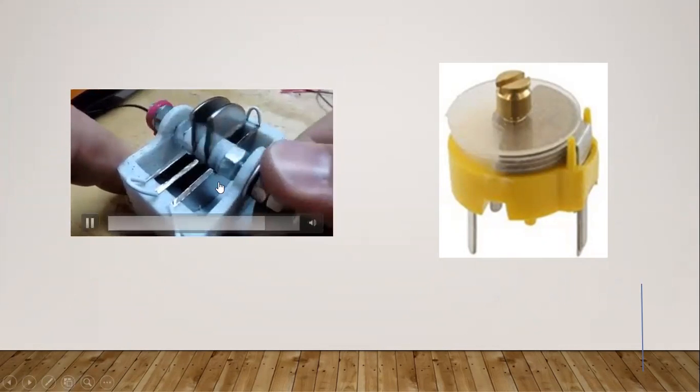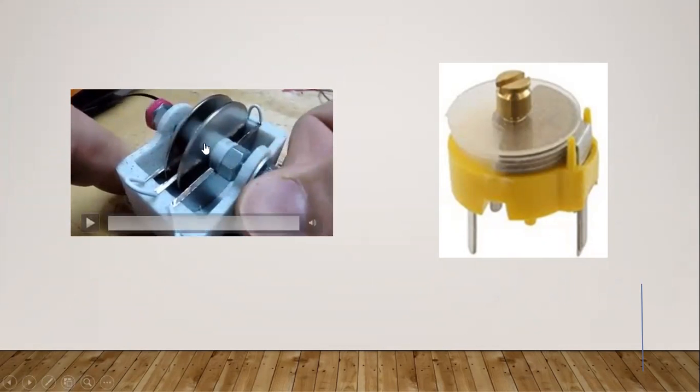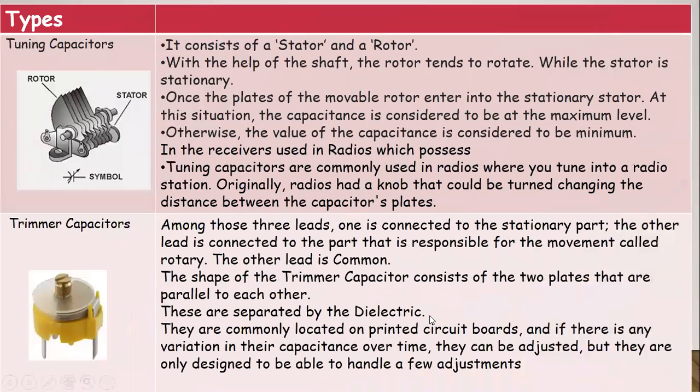In this the plates are moving in this way, and in the trimmer, with the help of the screwdriver, if you rotate that screw, you can see these are the plates over here. They can move and increase or decrease the area of the plate just to increase or decrease the capacitance during the working. So we have a tuning capacitor.